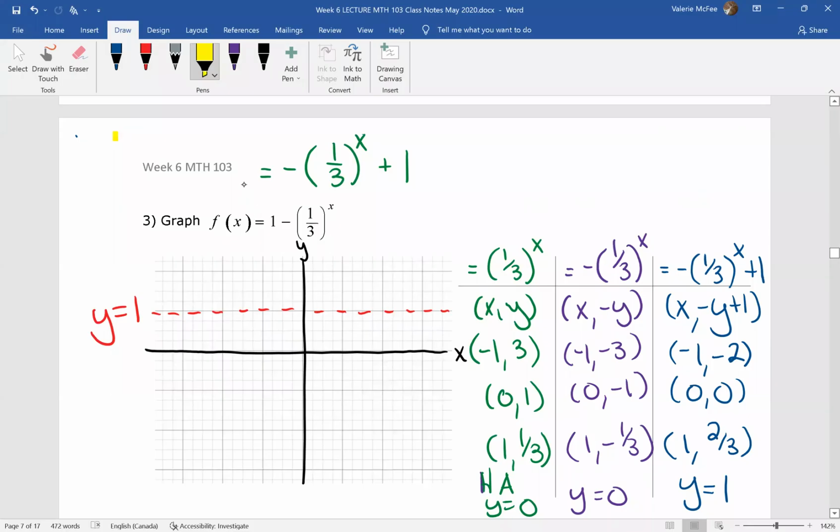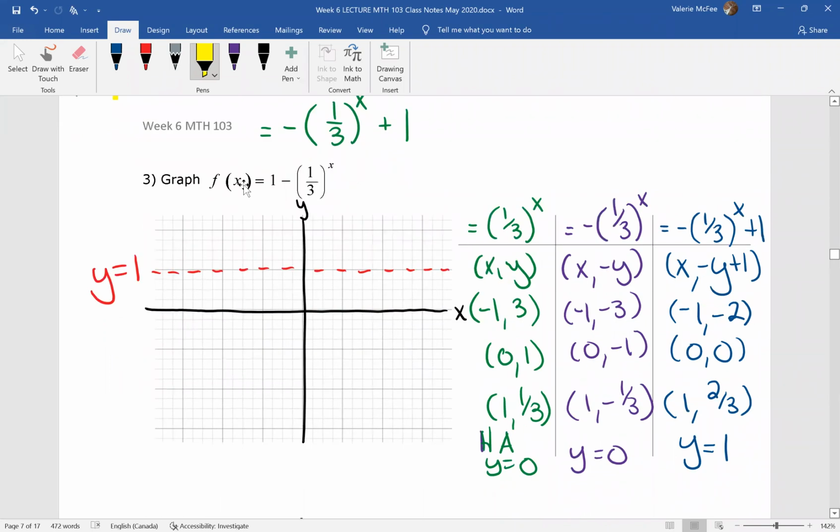Now, some of you may have noticed that I didn't write down this horizontal asymptote to start, which would have caused me some problems when I'm graphing, because I wouldn't have necessarily been paying attention to the fact that this graph was shifted up 1 unit. That's important. So I hope you did the reflection first.